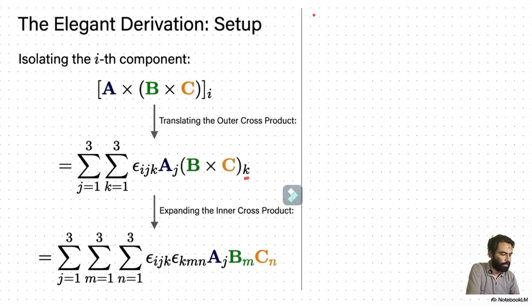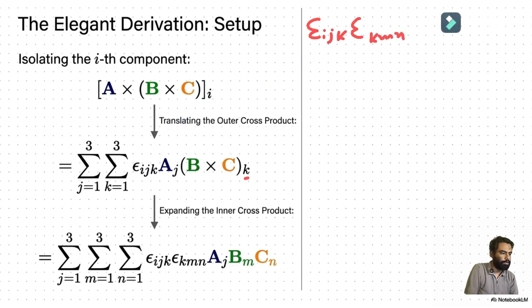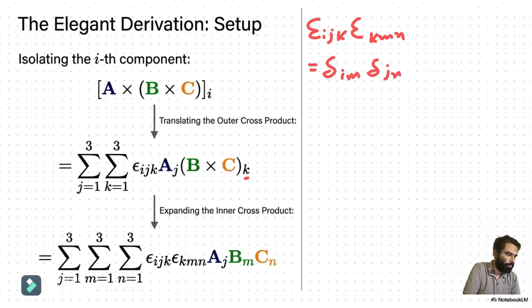So what is our epsilon ijk epsilon kmn? That will be delta of im delta of jn minus delta of in and delta of jm.